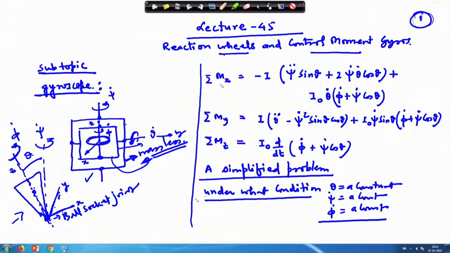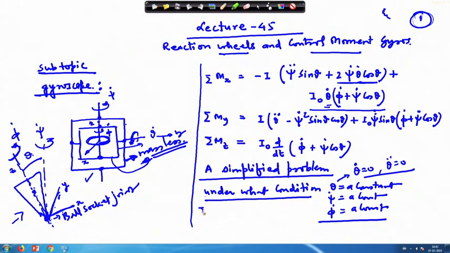If we look at the first equation, if theta is constant, this implies theta dot will be 0, and theta double dot will also be 0, because it is a constant all the time. Theta dot is present here and also here, so this term will drop out, and this term also drops out, leaving only the first term.